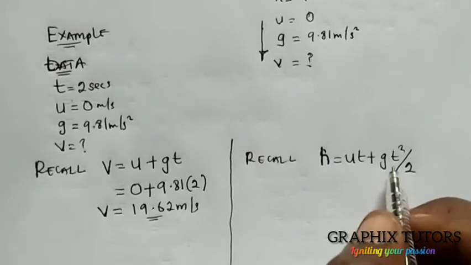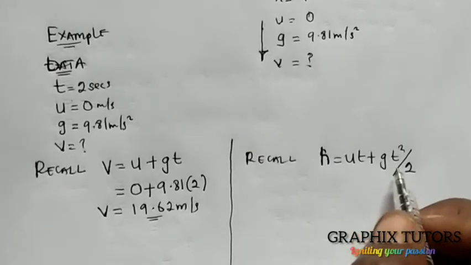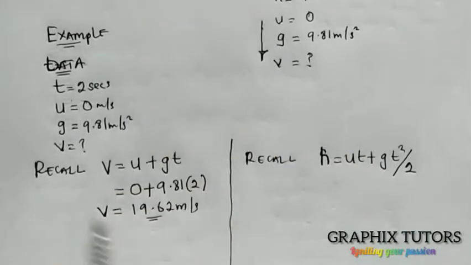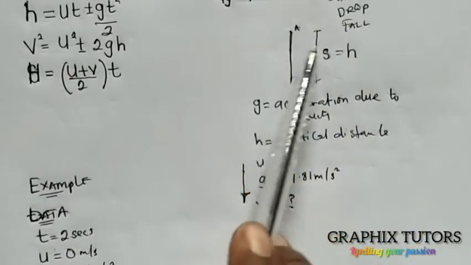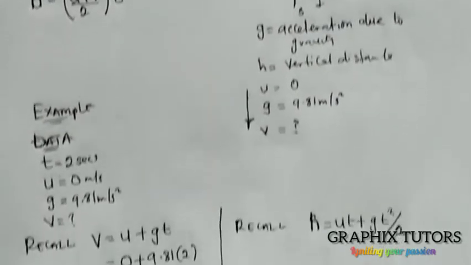So we're looking for the distance. So what kind of distance is that? Vertical distance. This is falling, like I explained earlier. It's falling, so we're talking about vertical distance. So we'll move forward.